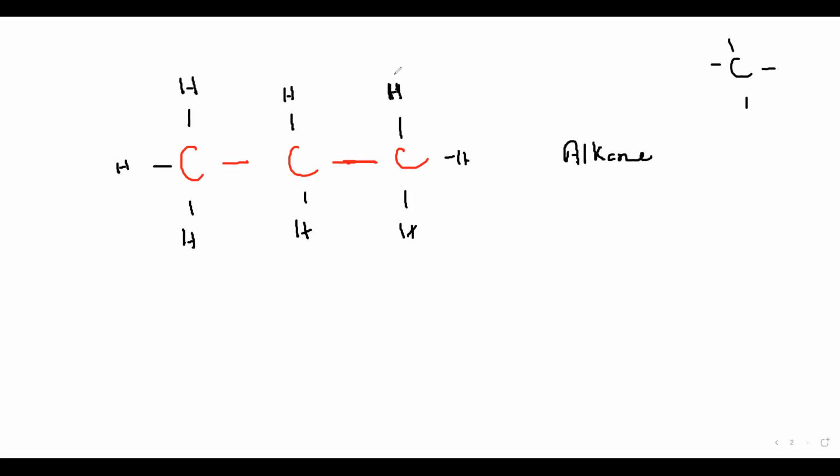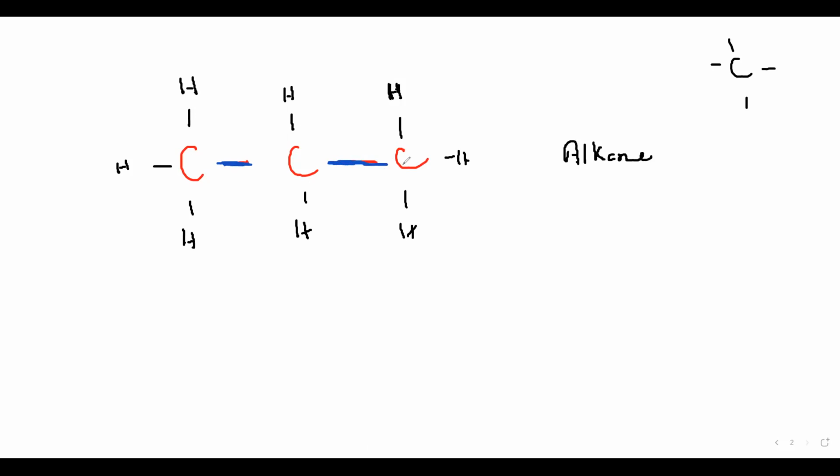So that is how we complete a structure. If we know the carbon, we can find the number of hydrogen by just counting the number of bonds which a carbon can form. As you can see, the left hand carbon is forming one bond with another carbon, so three hydrogen are left. The central carbon is forming two bonds, with the right and left carbons, so two hydrogen are left.